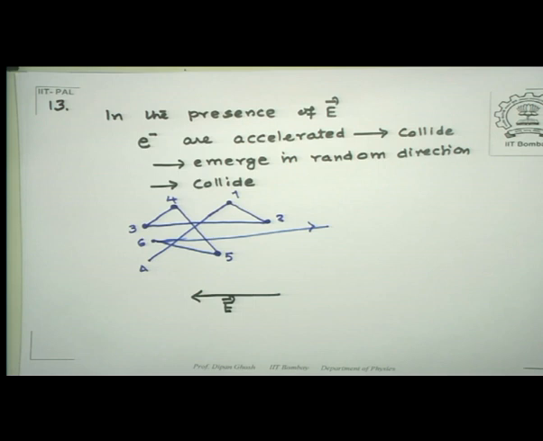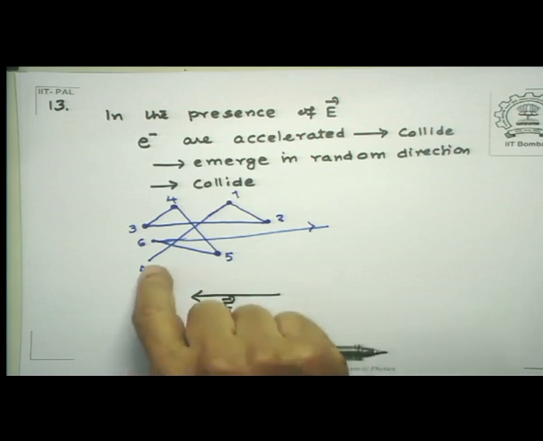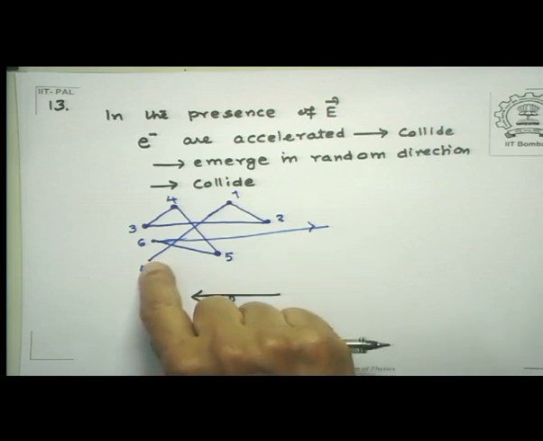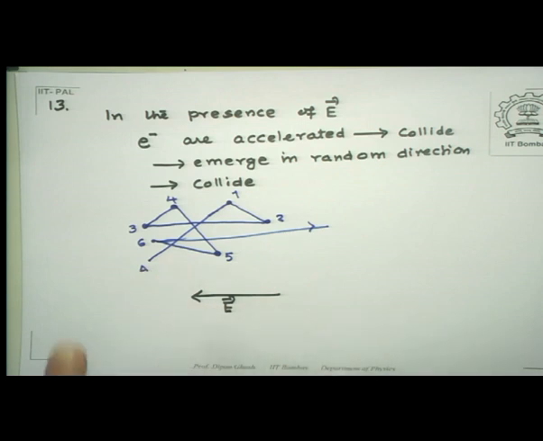Now, what happens if there is an electric field? Let's suppose my electron starts from A. Remember that the electric field is in this direction, and I have a negatively charged electron.